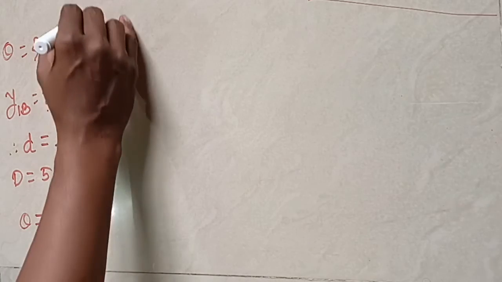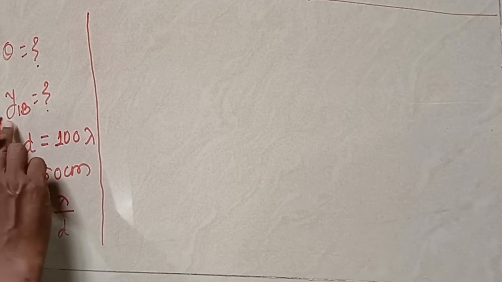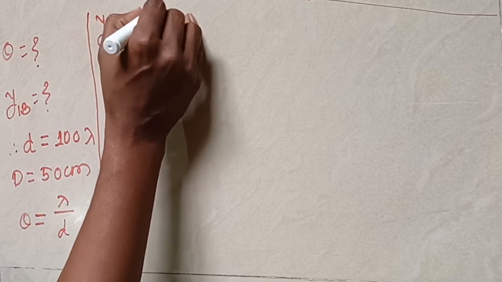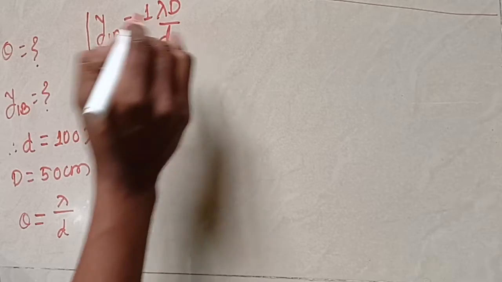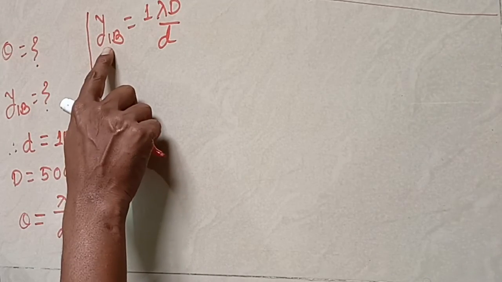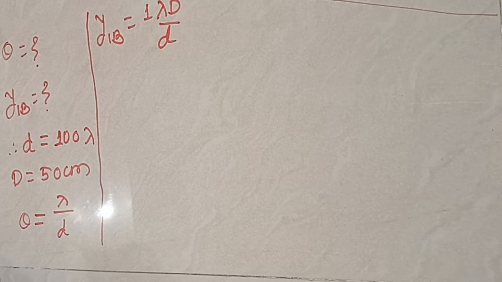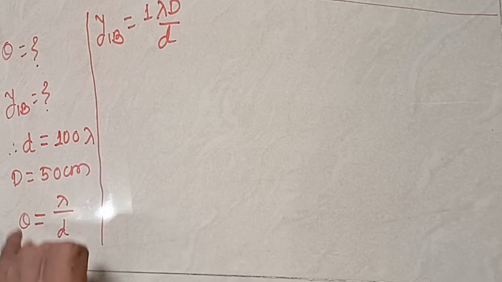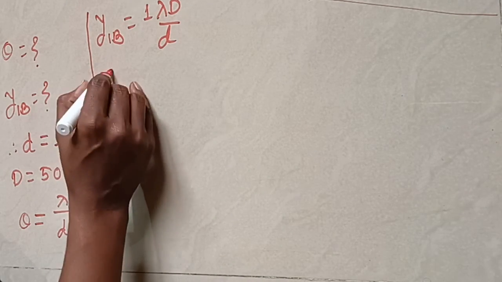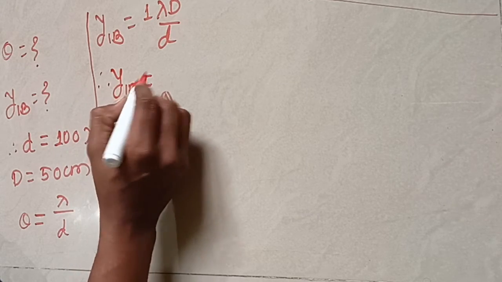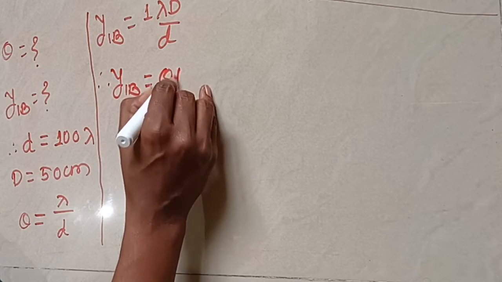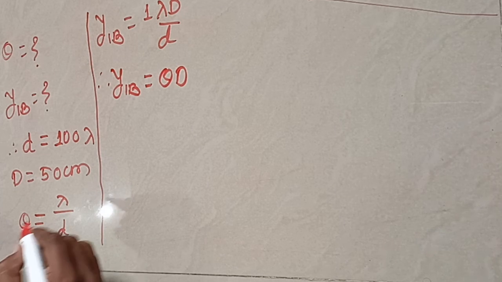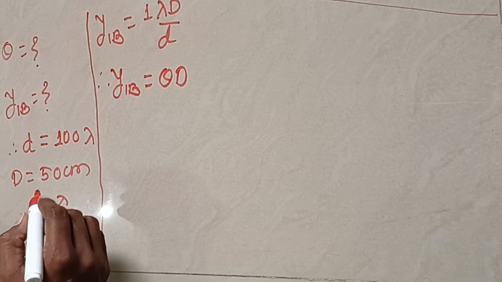Now for the second calculation, y1b is equal to 1 lambda D upon d. Here 1 indicates the first bright band. Now lambda upon d is nothing but theta. Therefore we also get y1b is equal to theta D.